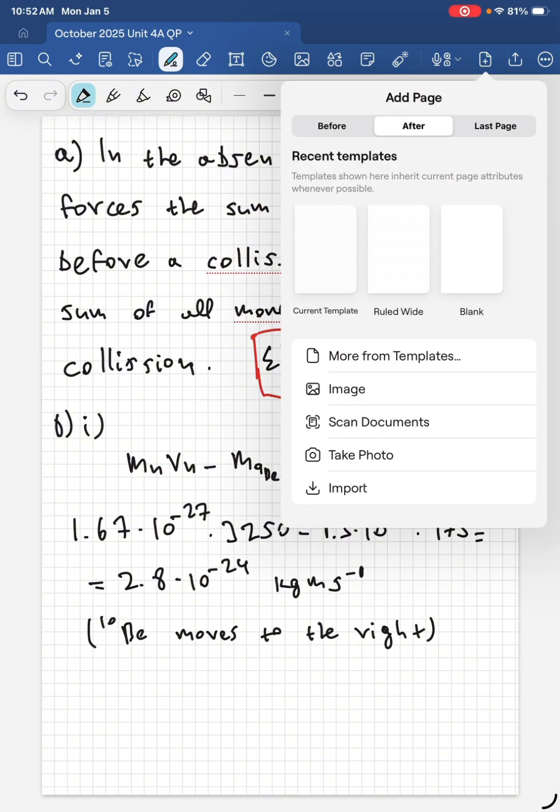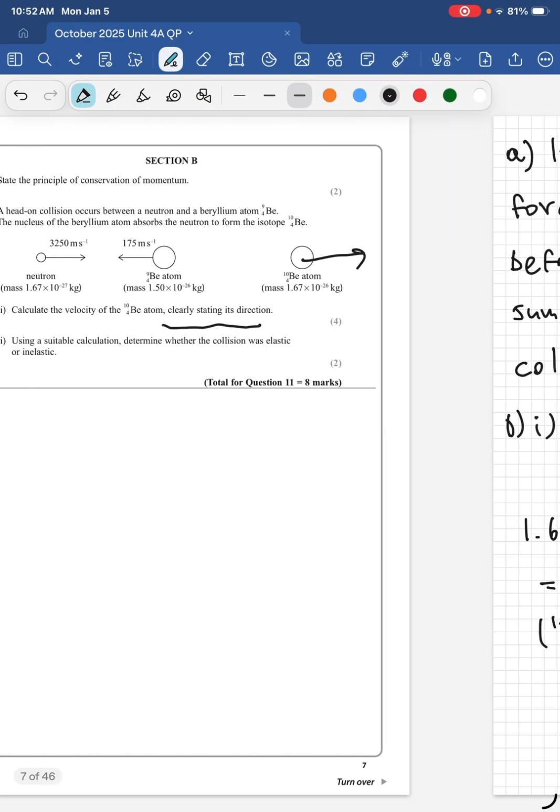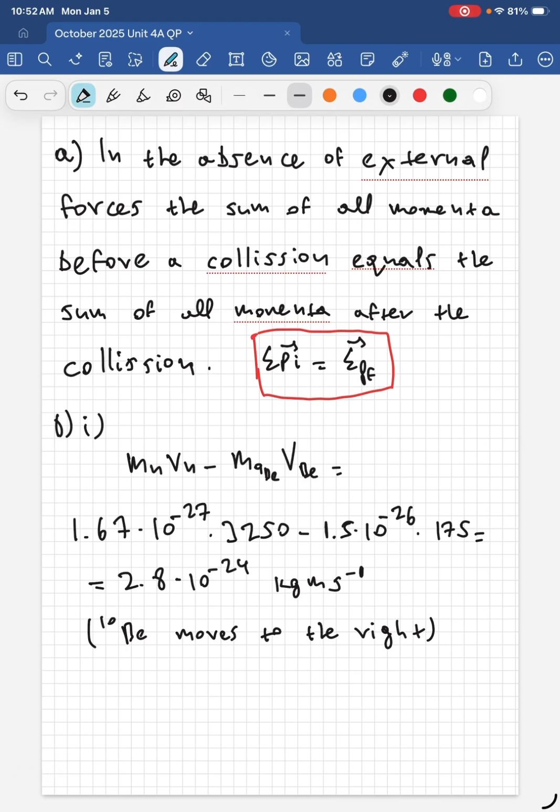Let's use another clean page. So part 2, wait, we are not done with part I, because it says calculate the velocity of the beryllium-10 atom. What we calculated is the momentum. So the mass of beryllium-10 times the velocity of beryllium-10 is going to be equal to 2.8 times 10 to the negative 24.